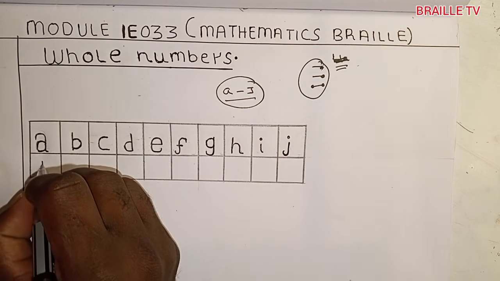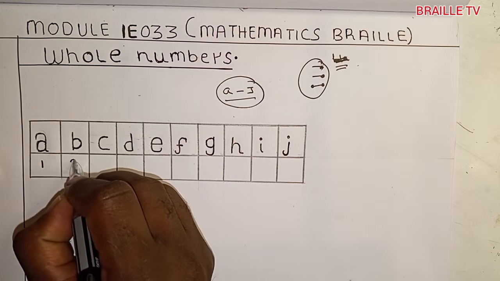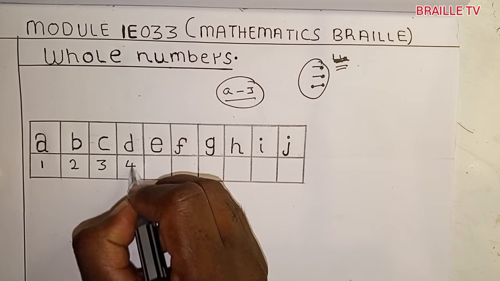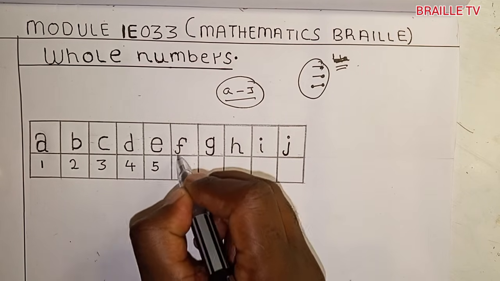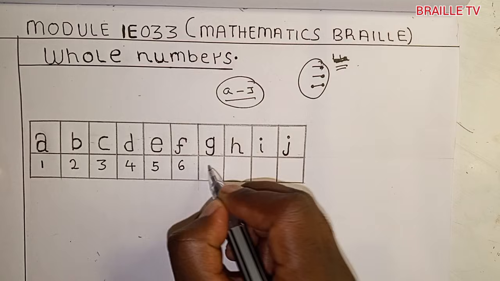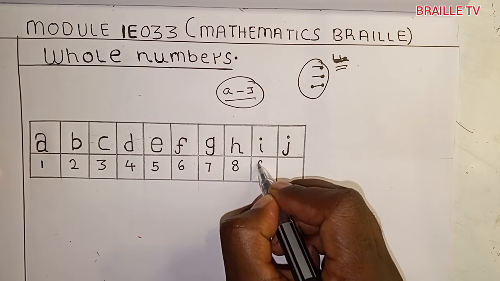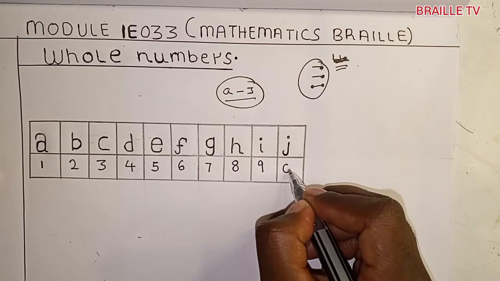So A is 1, B is 2, C is 3, D is 4, E 5, F 6, G 7, H 8, and then I is 9, and J finally is 0.